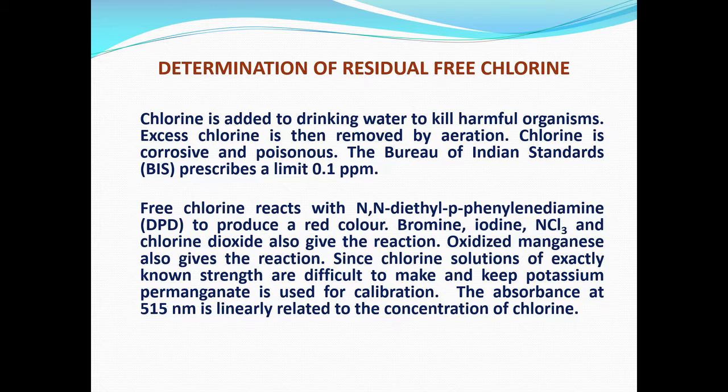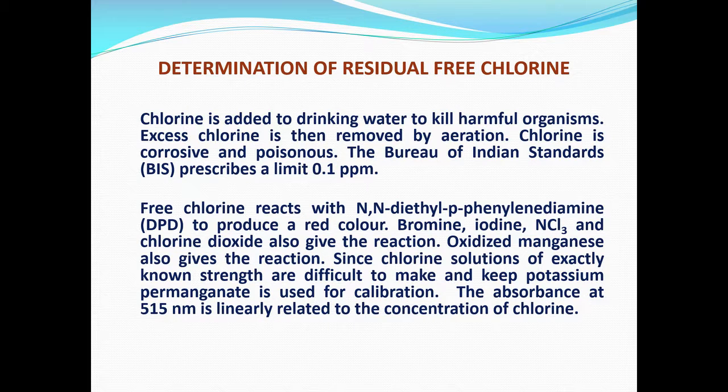So, chlorine is a very important parameter. I want you to note from this slide that it is basically added to kill harmful organisms. Excess chlorine can be removed by aeration, but again that is a question of practice, how much we want to retain.